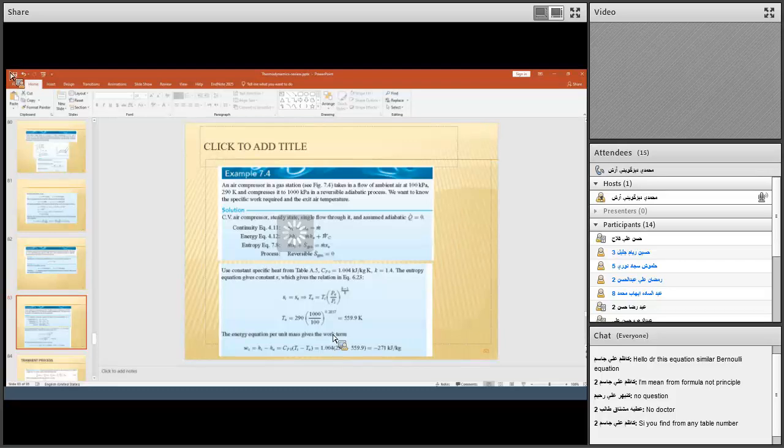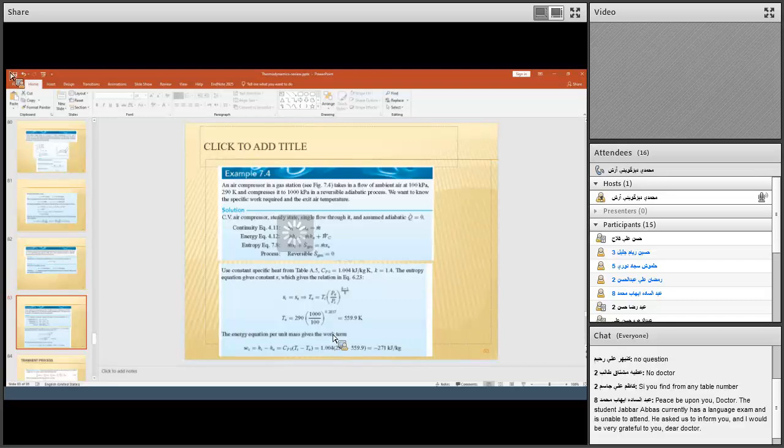With the computation of temperature, work of the compressor equals enthalpy at inlet minus enthalpy at exit, equal to constant specific heat times temperature at inlet minus temperature at exit. So from the above equation, the work is minus 251 kilojoules per kilogram.